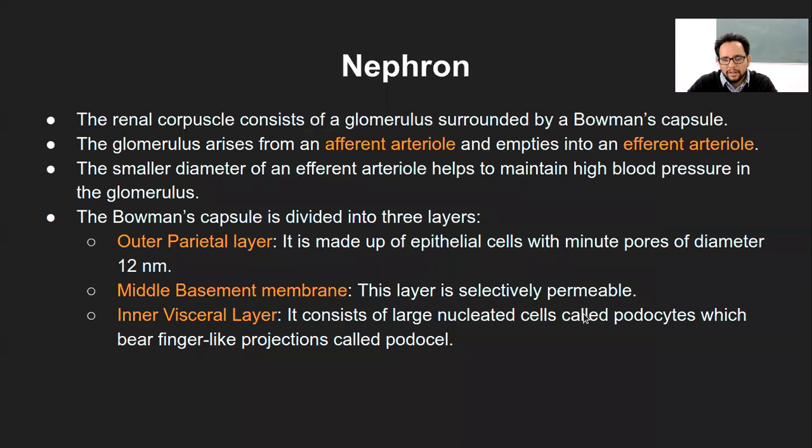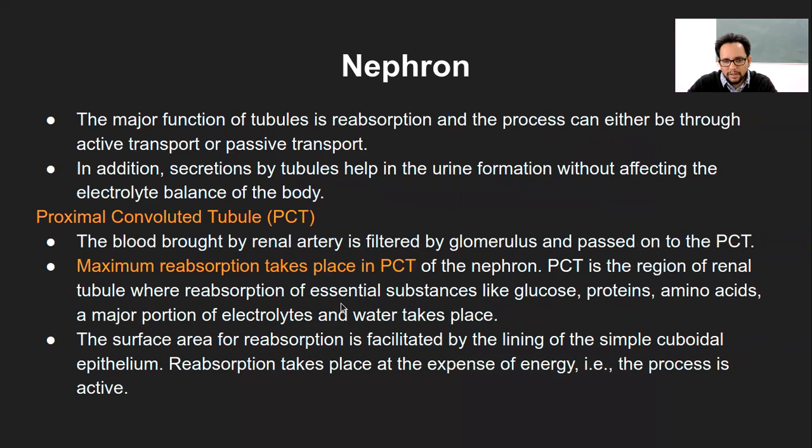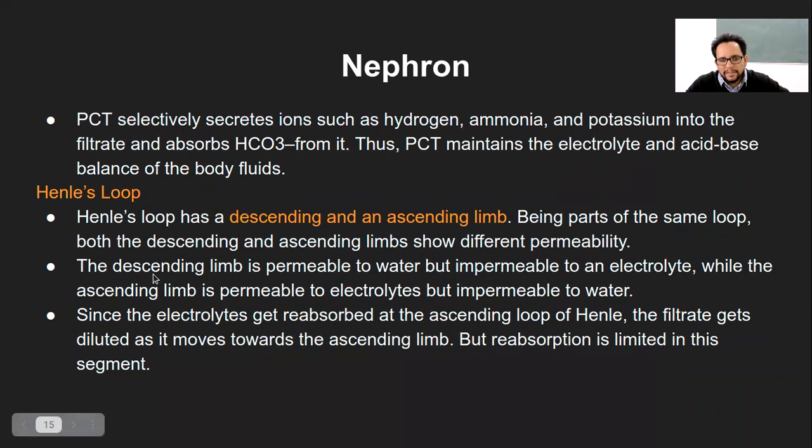So that way this statement speaks here: the descending limb is permeable to water but impermeable to electrolyte, while the ascending limb is permeable to electrolytes and impermeable to water. So at one place only water will be allowed to go out, at one place only electrolytes will be allowed to go out. That is how this Henle's loop functions.